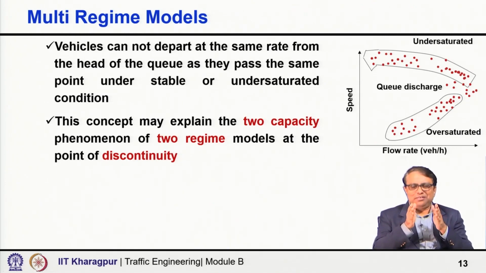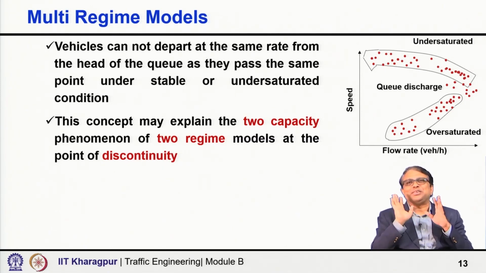As I said, a 2 lane is the bottleneck and upstream it is 3 lane and the demand is more than 2 lane. So, the head of the queue is at that interface, where 2 lane is the bottleneck and upstream is 3 lane and the demand is higher than the 2 lane capacity. There, vehicles cannot depart at the same rate from the head of the queue as they pass the same point under stable or undersaturated condition.